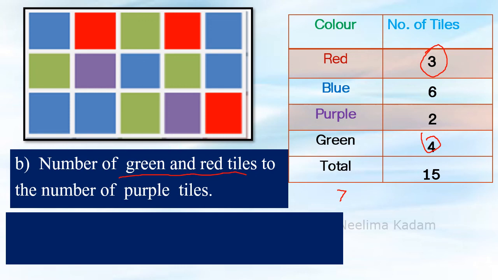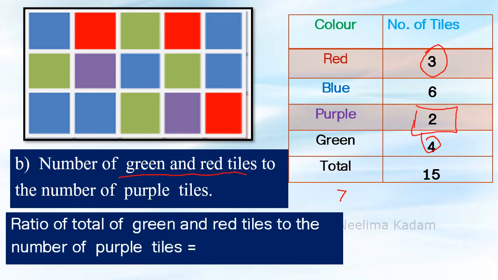Purple tiles are how many? 2. Okay. Therefore, the ratio of total number of green and red tiles to the number of purple tiles will be equal to, first one we have to take total green and red, that is 7. So 7 upon 2. Right. So answer will be 7 upon 2.